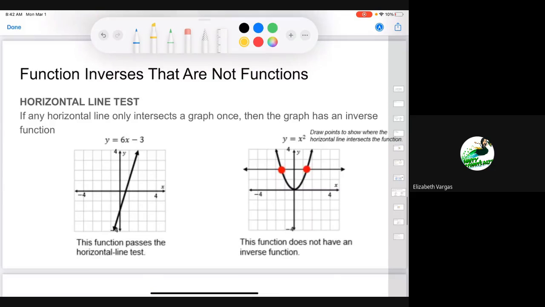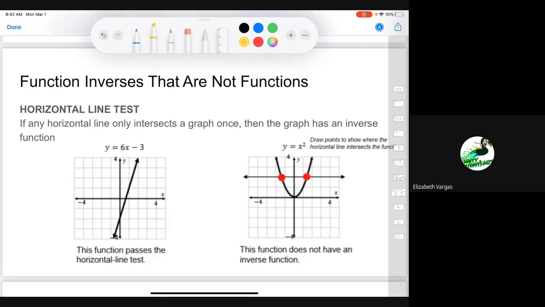So what about the horizontal line test? Well, you can use the horizontal line test to test if any horizontal line only intersects a graph once and the graph has an inverse function. So basically we can use the horizontal line test to determine whether an original function has an inverse function.